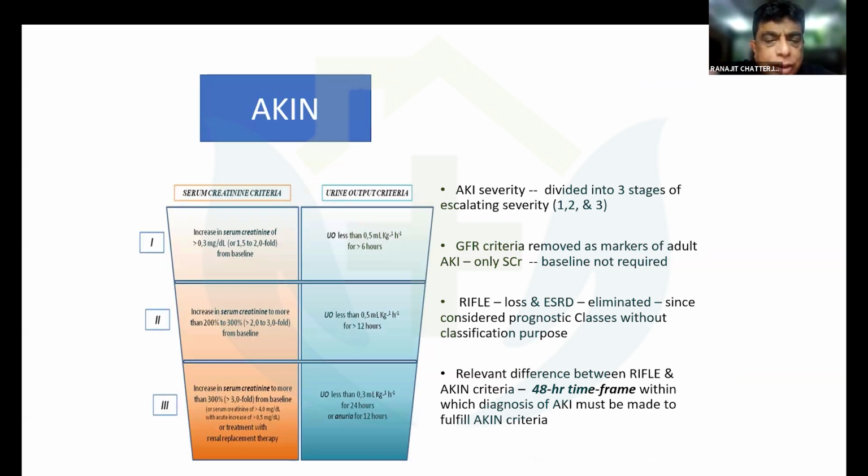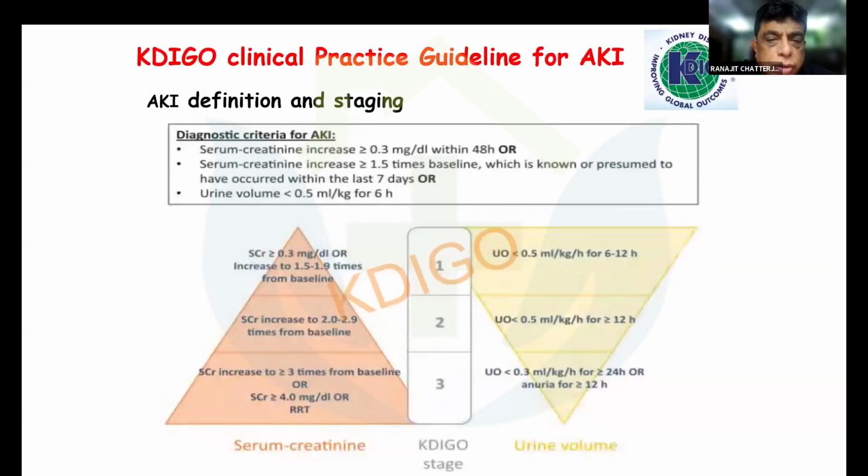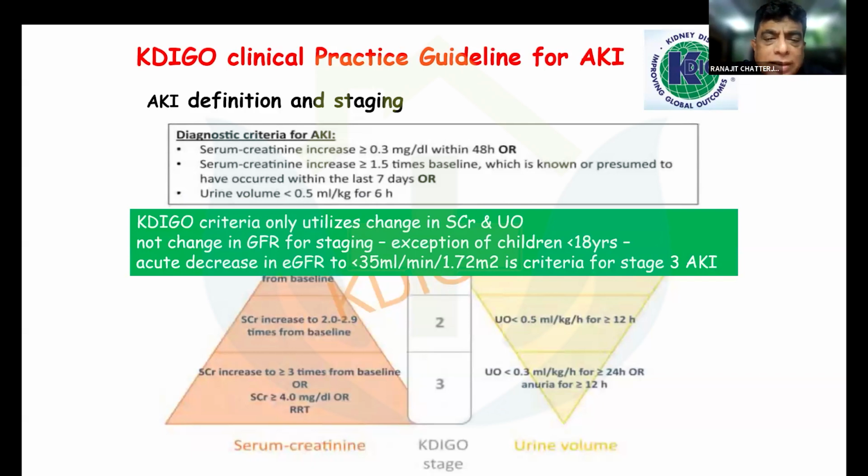KDIGO basically combined these two, and the definition was also given here. And see, acute decrease in eGFR to less than 35 ml per minute per 1.73 meter square is the criteria for stage 3 AKI. So here it came only for children less than 18 years of age. So the GFR staging is for less than 18 years of age.